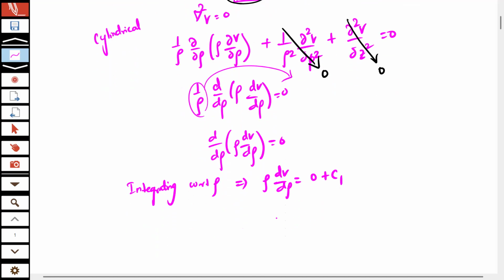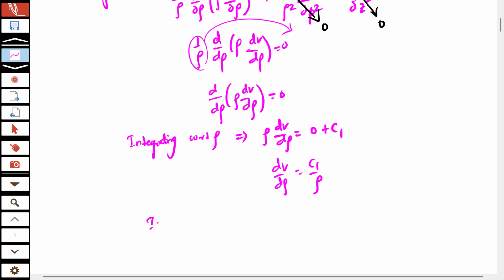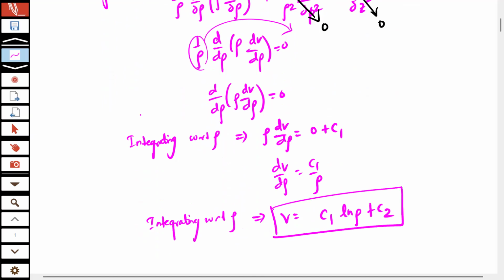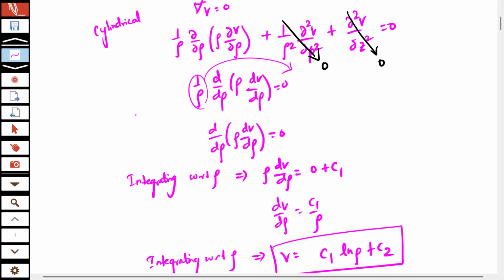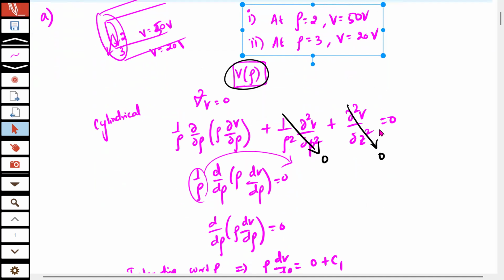Next, you will be getting dv by d rho equals C1 by rho. Integrating one more time with respect to rho will give V equals C1 logarithm rho plus C2. Now we have to apply the given boundary conditions for this function. The given boundary conditions are at rho equals 2, V is 50 volt and at rho equals 3, V is 20 volt.